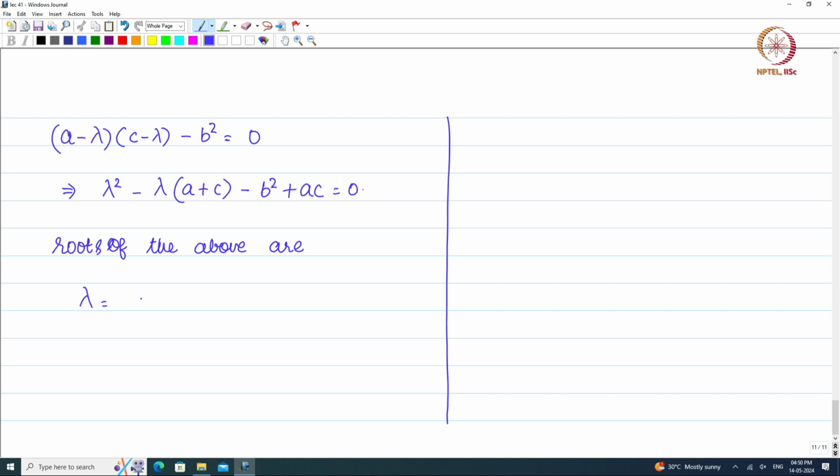Here minus b is nothing but minus of minus A plus C, so you have A plus C plus or minus square root of A plus C the whole square, minus 4 into a, which is 1, and c, which is AC minus B squared, by 2a.